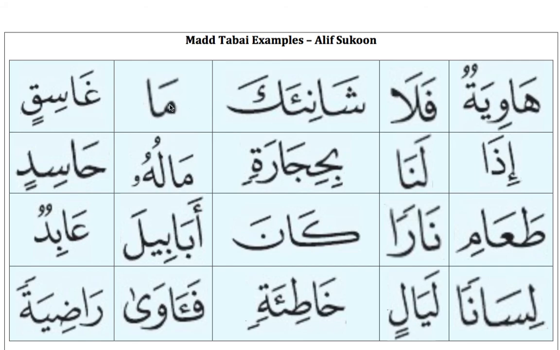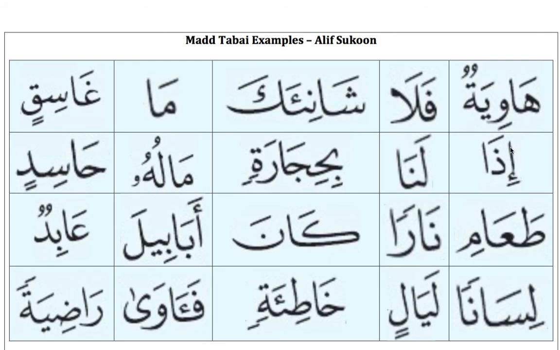Next we have ميم فتحة ألف سكون ما. That was a single syllable. Moving on. غين فتحة ألف سكون غا. سين كسرة سي غاسي. قاف كسرتان قن غاسق.